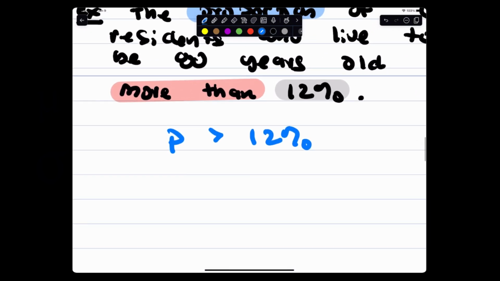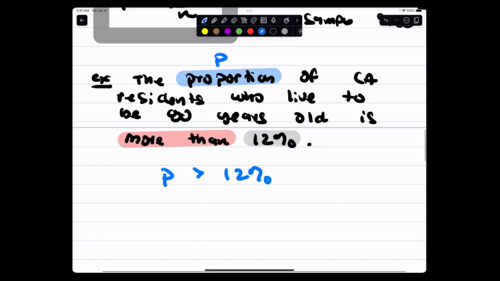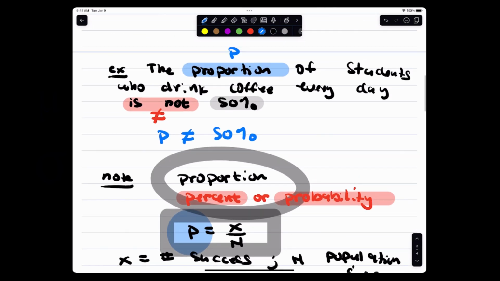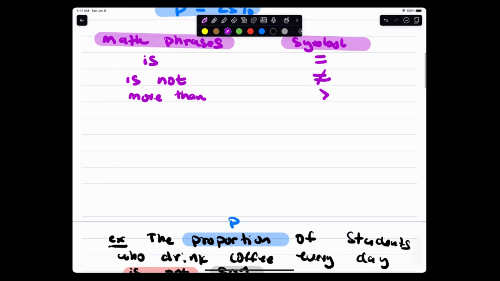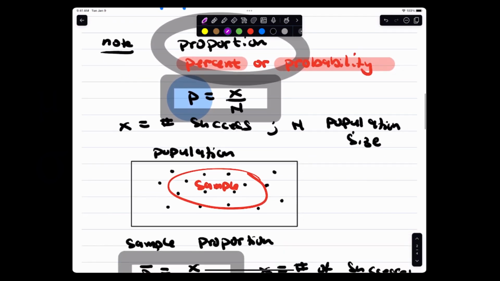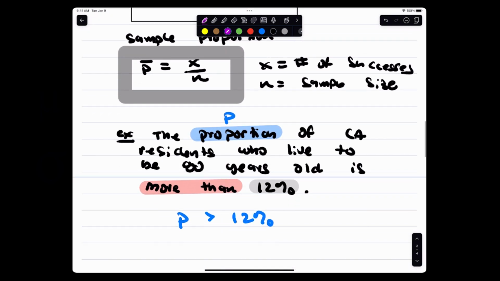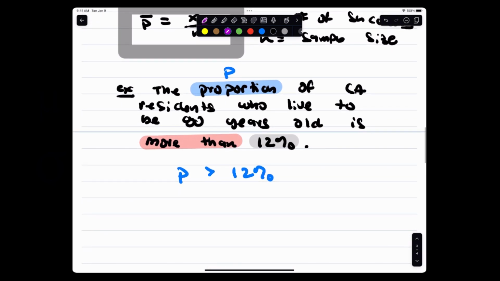Isn't this all the phrases we were used to using? So the good news is, ladies and gentlemen, these are phrases that we're familiar with. I'm going to write that down here. More than is greater than. So here we go.